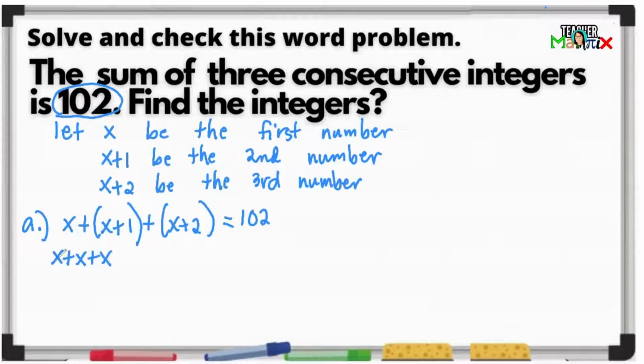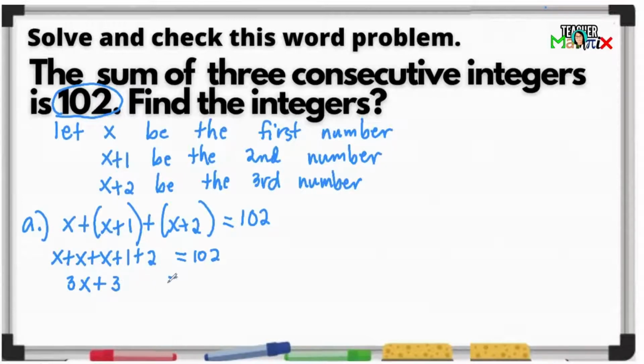Combining all the variables, and then combine all the constants. We have two constants here, 1 and 2. So 1 plus 2. Copy 102. x plus x plus x, that's 3x, plus 1 plus 2, that's 3.